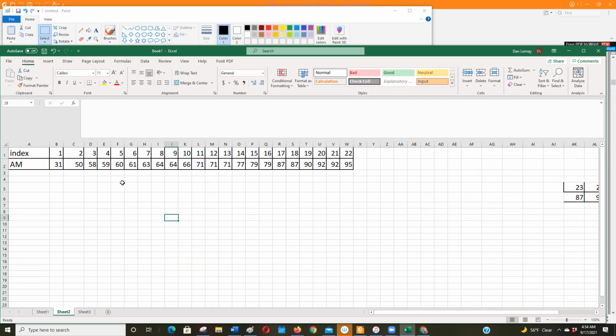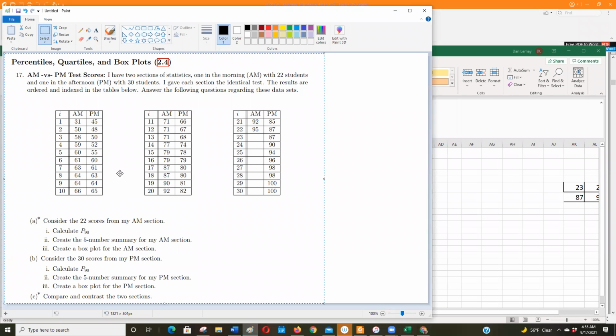I rotated them, merged all those tables together, and rotated them sideways so you can see visually what's happening. I'm not going to do the percentile method right here for a minute. Well, maybe we should do the percentile. The first question was to find the 90th percentile, so maybe I should do that first. Let's do this. Let's find the 90th percentile.